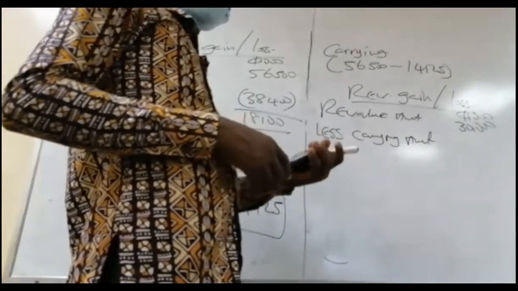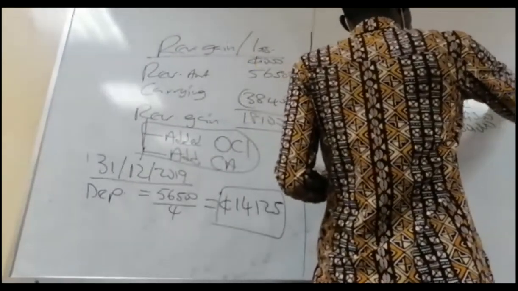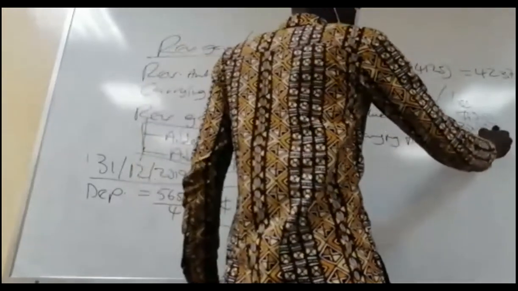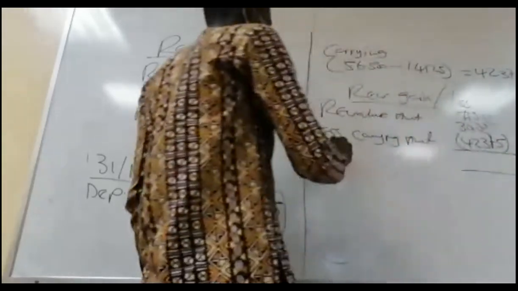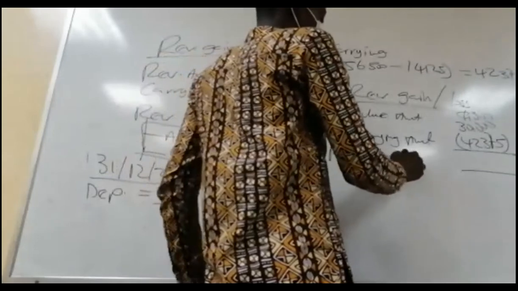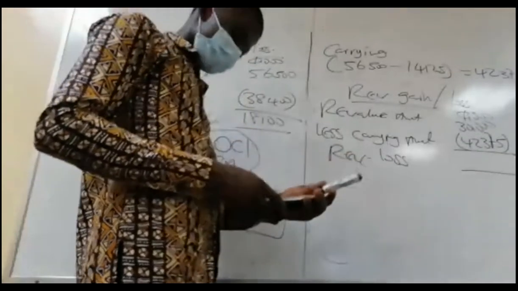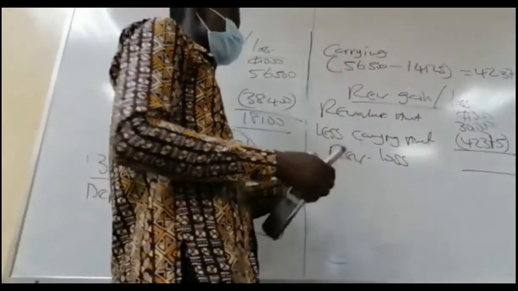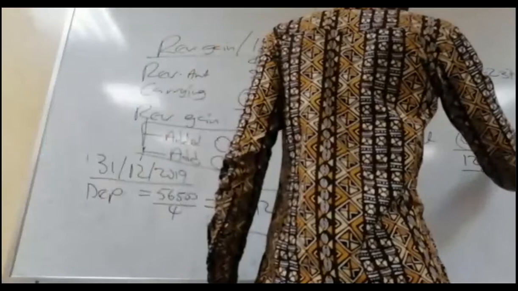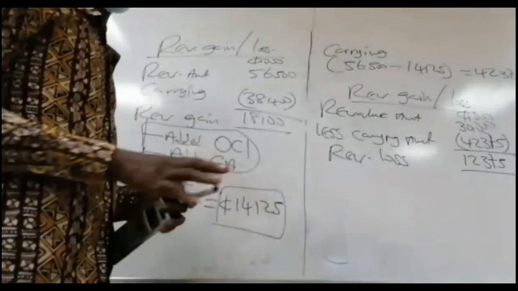So that's 42,375. So the carrying amount is 42,375. We take it off. So this revaluation was a loss. There's a revaluation loss of 30,000 less 42,375, which is 12,375.